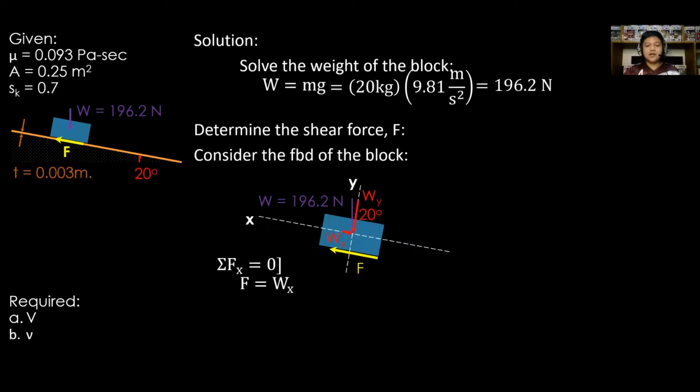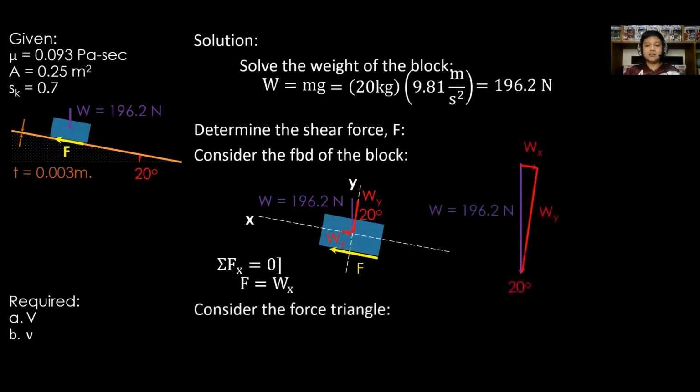To define the value of W sub x, take the force triangle of the weight W with respect to Wx and Wy. Wx is equal to W sine of 20 degrees, since Wx is the opposite side of this angle, that is 20 degrees, the angle of the incline.